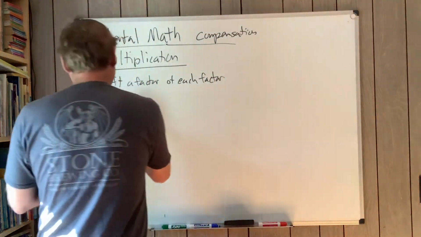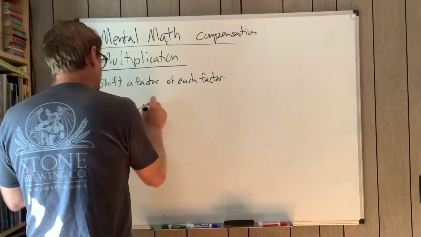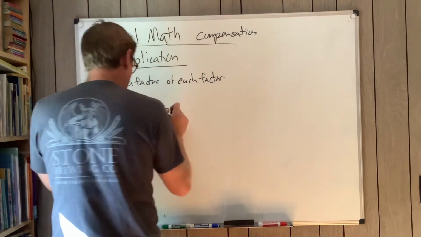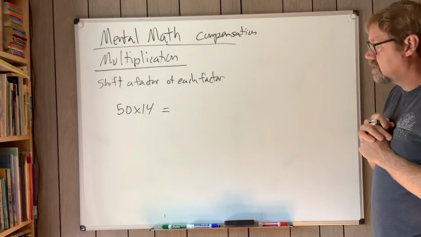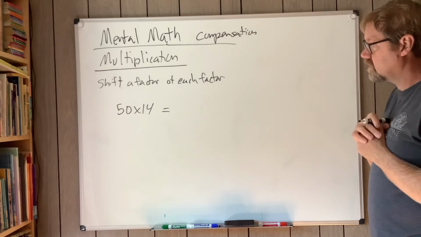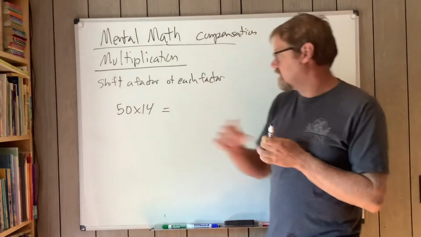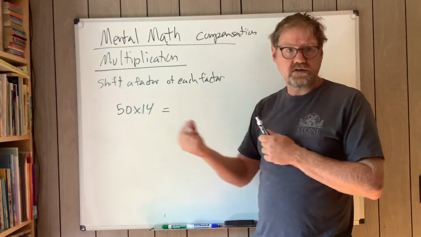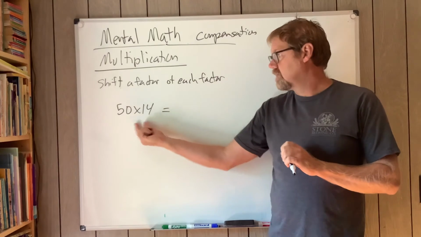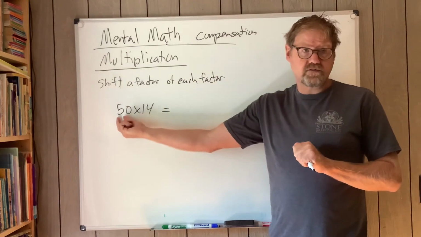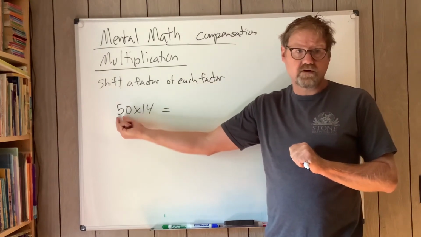So let me say I've got 50 times 14. What I'd like to do, again, is make one of these a really easy number to multiply by. If that was 100, this would be pretty straightforward.